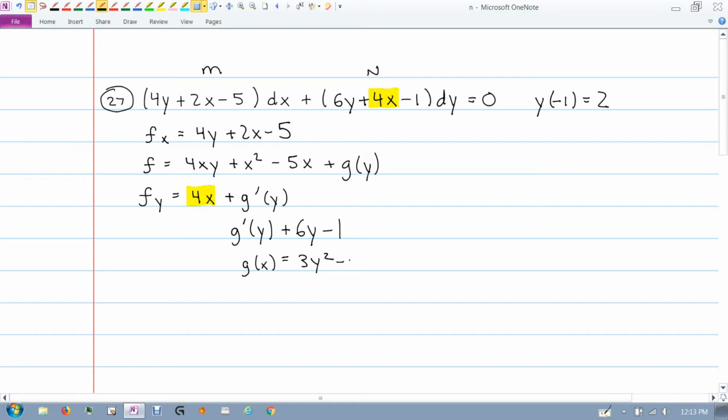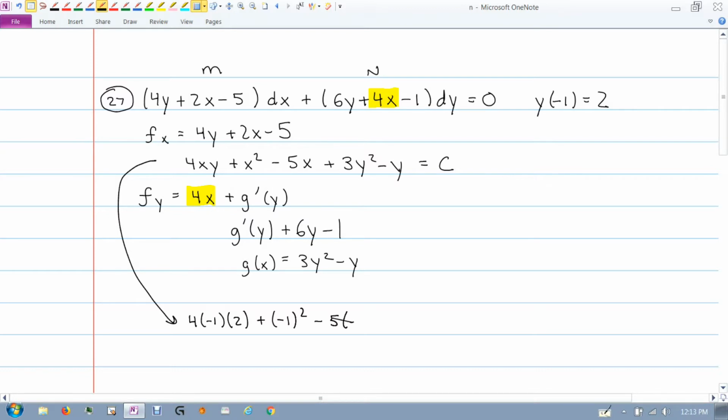And that means g of y is equal to 3y squared minus y. So I can rewrite this f with 3y squared minus y here equals a constant, and now I can start plugging in x and y. So x is going to be negative 1, y is 2, negative 1 plus 3 times 2 squared minus 2 equals c.